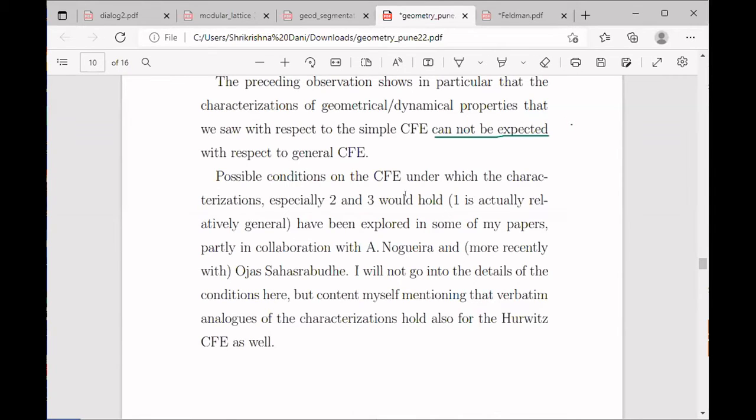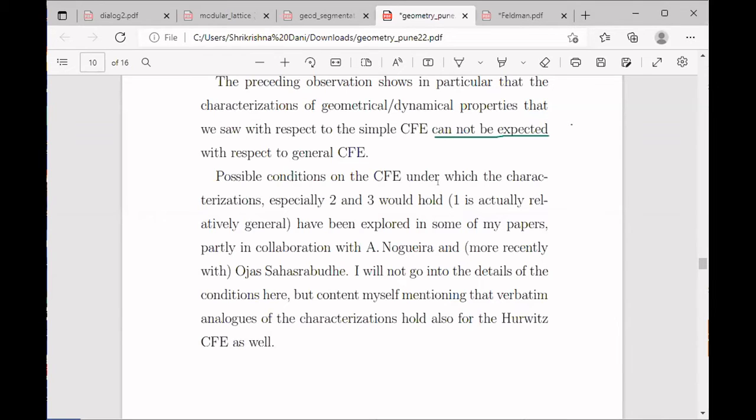And the possible conditions on CFE for which the characterizations, especially 2 and 3, would hold, have been explored in some of the papers, some with Noguera, some with Ojas Sahasrabudhe, one of my research students, and then some of my papers as well. So that's the overall general background.